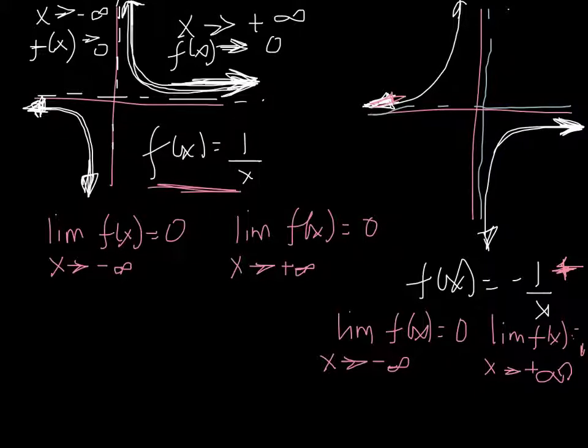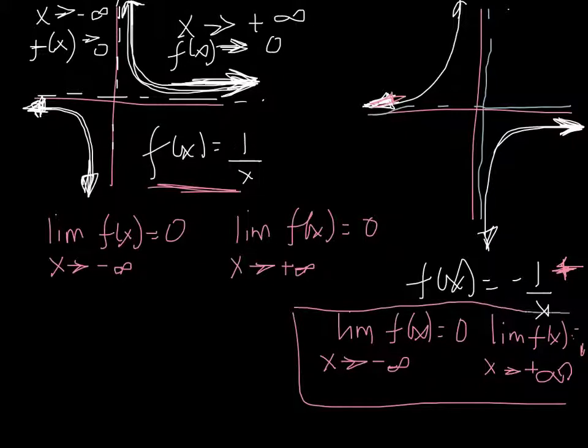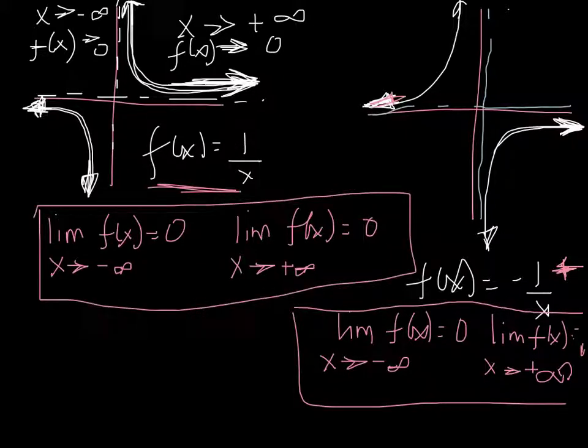Still ran out of room, but anyway, that's when you have a horizontal asymptote. Okay, just a basic review on end behavior. And why that's important is because we're going to talk about end behavior for different types of functions, whether their powers are odd or even, or if their powers are negative, like rational functions.